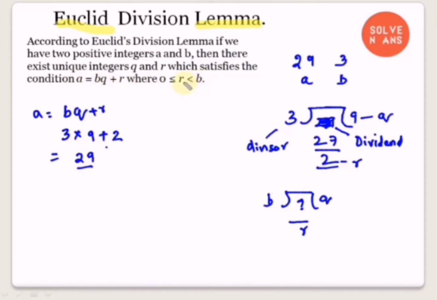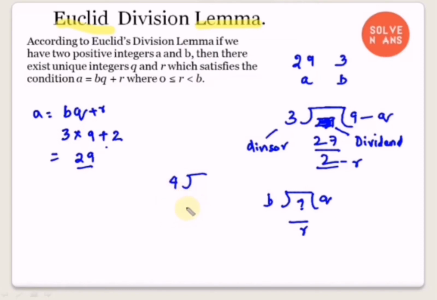Now the next one, you see there is a relation between r and b. What is r? r is the remainder and b is the divisor. What it is saying is that the remainder is always more than or equal to 0, it can be 0 also, but less than b. Suppose I am having a divisor 4.